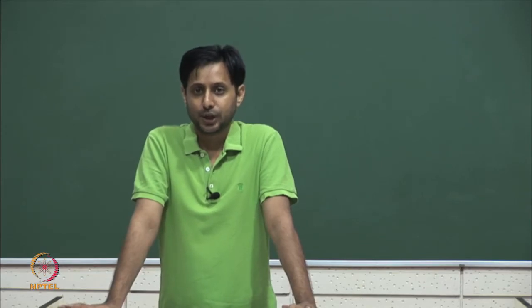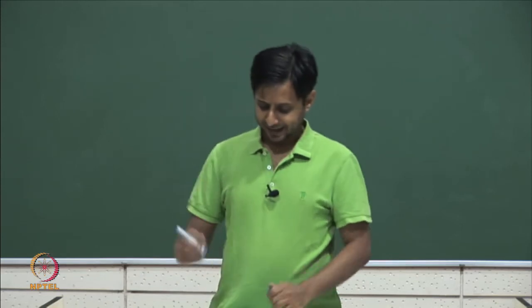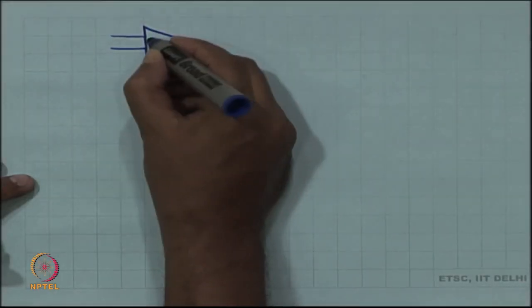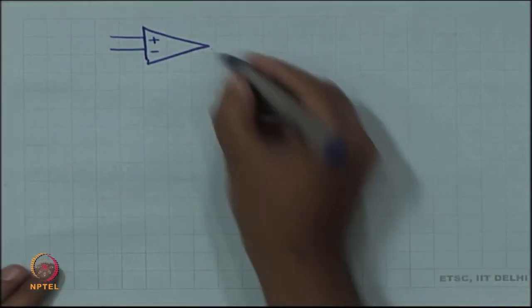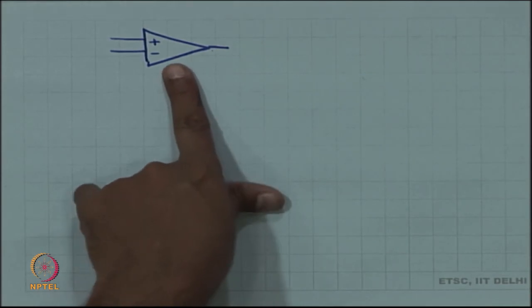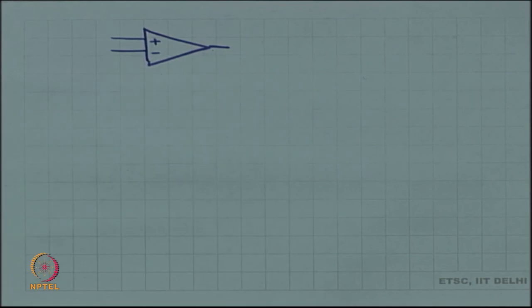A differential amplifier is amplifying the difference between the two inputs, and it is almost as if we have managed to make this triangle, right. The objective of the course is to make this. One important objective of the course is to know how to make this particular building block, what is inside this triangle.